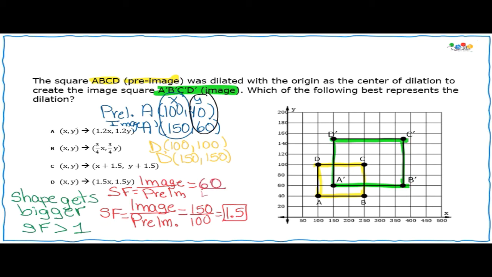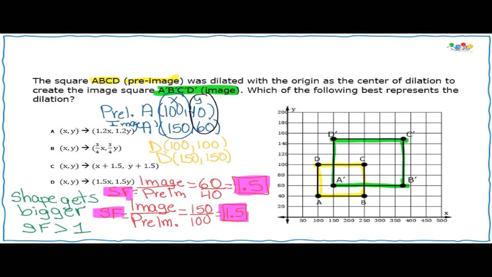And my pre-image is 40. If you divide 60 divided by 40, you still get 1.5. Is that right? So who's 1.5? 1.5 is my scale factor. Is that right? So notice how not just x, but x and y, both of them give me the 1.5.